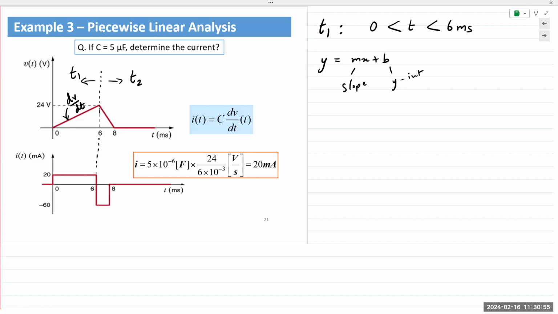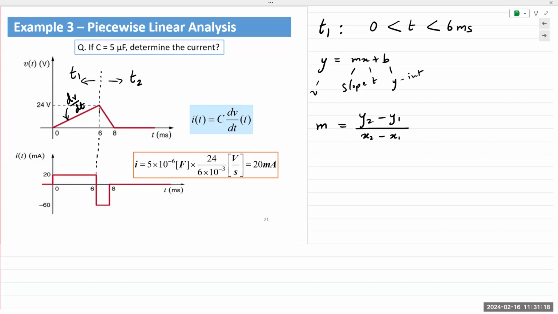This is the y-intercept, and x and y, of course, x is time, and y is v in this case. And slope can be given by any two coordinates, or any two points on that line.